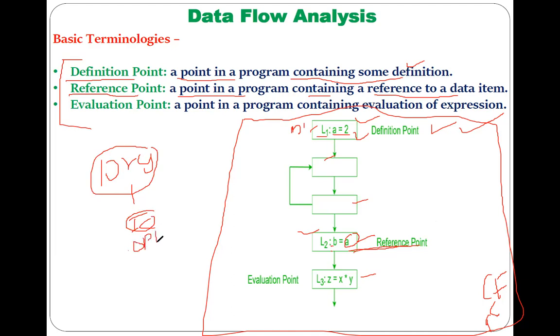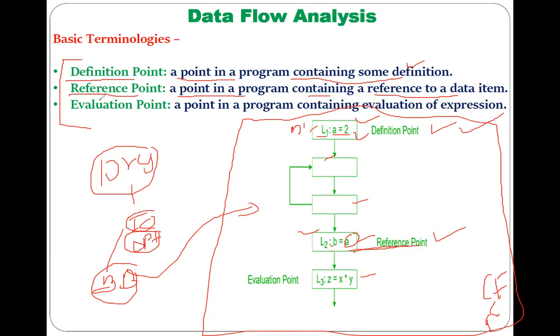When doing the optimization, we can create the basic blocks from that intermediate code, and from the basic blocks we can generate the control flow graph. In that control flow graph we can represent reference points and such things in order to do the optimization in a better way. For that purpose these techniques are necessary: data flow analysis and control flow analysis.